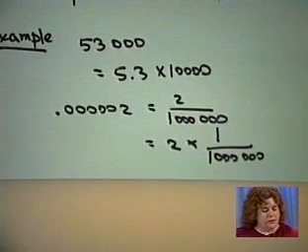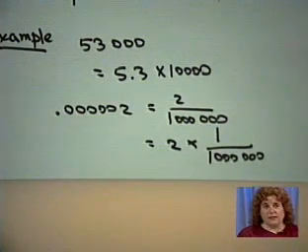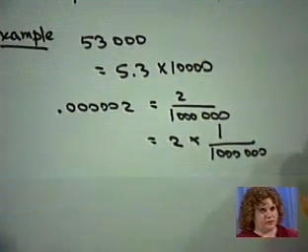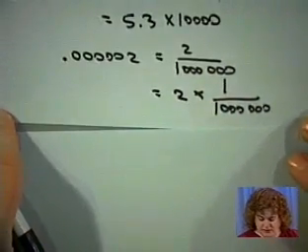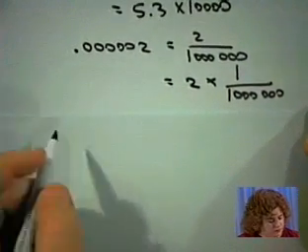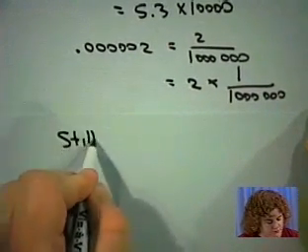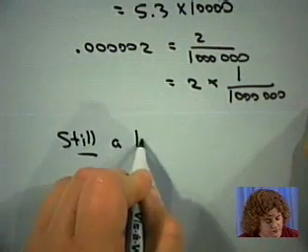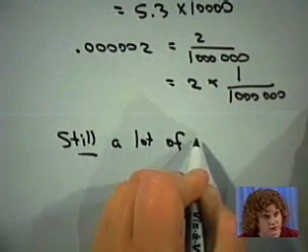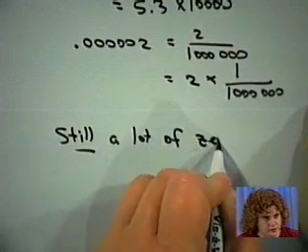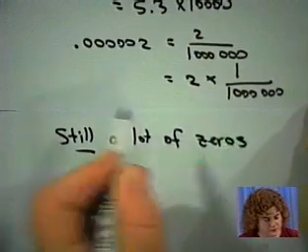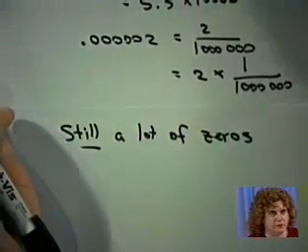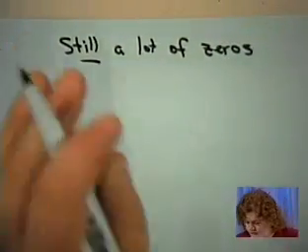And that's beginning to get a little bit better, but we still have a lot of zeros to work with, and we'd like to eliminate them. So we're going to bring in those exponents to help us solve this problem.